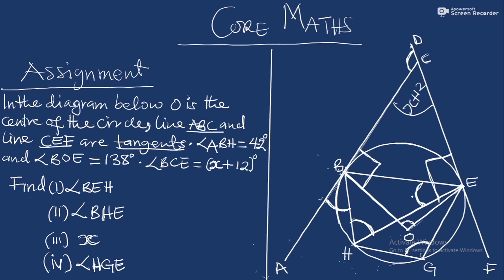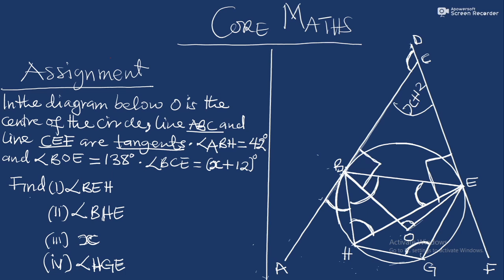Okay, good. And we learned also that in a cyclic quadrilateral, opposite angles add up to what? 180 degrees. So it means that angle HBE plus angle HGE should be equal to 180 degrees, because it's a cyclic quadrilateral and opposite angles are what? Supplementary.